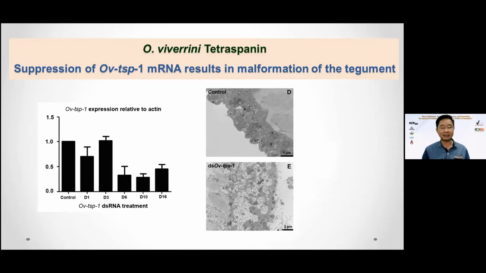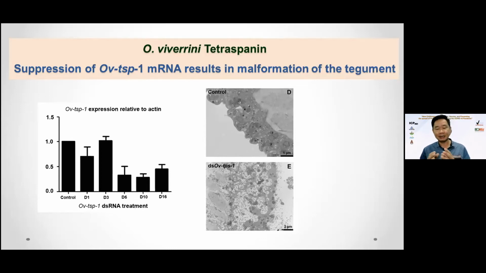Tetraspanin is a transmembrane protein. We found that tetraspanin plays a function in the formation of the tegument of the worm. So we hypothesized that if we knock down the tetraspanin protein, it can make the tegument of the worm malformed. So tetraspanin can be one of the vaccine targets.